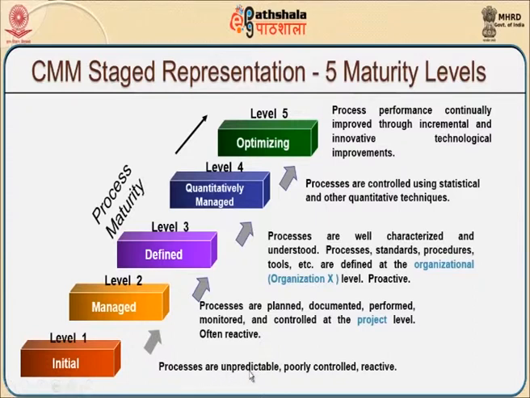There is no proper definition given already, and work comes as it runs, so it is unpredictable. These processes are not only unpredictable, but also poorly controlled and reactive in nature. So, we say this is a very preliminary level, which satisfies the initial constraint alone.